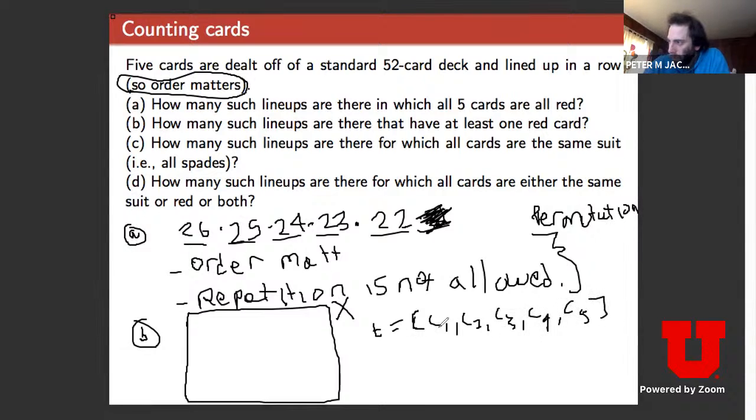C1 was the first card we picked, C2 was the second card, and so on. So T is an element of X, a point in here. X consists of all of the ways to choose 5 cards. C1 through C5 is just one way to do this, but there are many different ways.